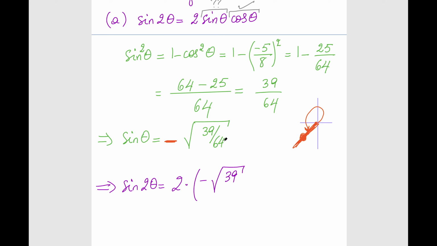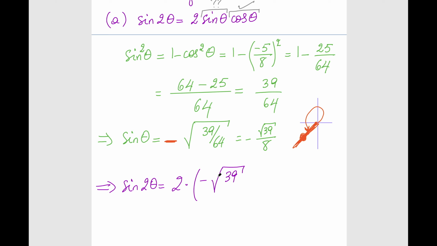Let's simplify this first: square root of 39 divided by 64 is square root of 39 divided by 8. I cannot simplify square root of 39 anymore because the prime factorization of 39 is 3 and 13, and none of them is a perfect square.